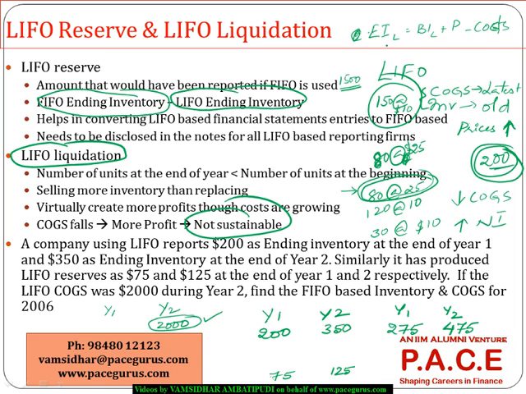So ending inventory as per LIFO is 350, equal to beginning inventory, which is 200, plus purchases minus cost of goods sold, which is 2000. So from here I get the purchases as 2350 minus 200, giving me the purchases during the year as 2150.